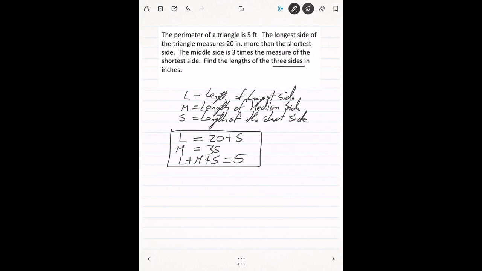Now, here's our system. We want to go ahead and solve this. I want us to solve it in both ways, both the elimination method and the substitution technique. Now, one thing I want us to know right from the get-go is that as we get started in this problem, there would be an issue. And that issue is right here. Notice that this represents 5 feet, while S and L and M here are all inches.